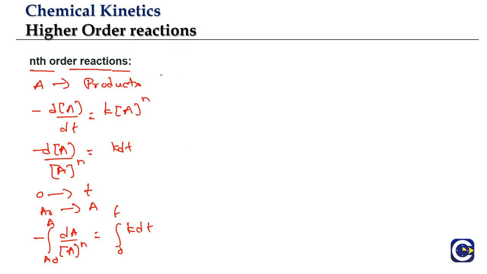The RHS part we already talked about. RHS part will be integration kt. We have seen it in all the derivations so far. The LHS part, what we are having is integral a power minus n dA.